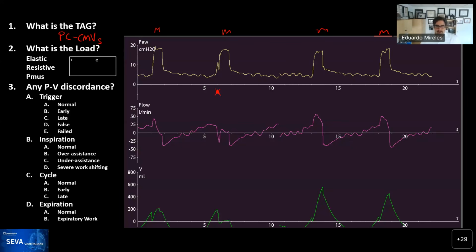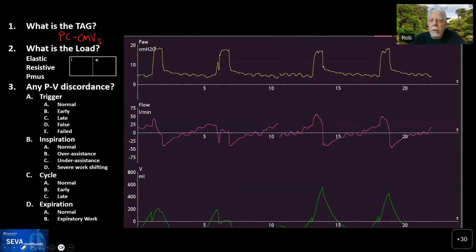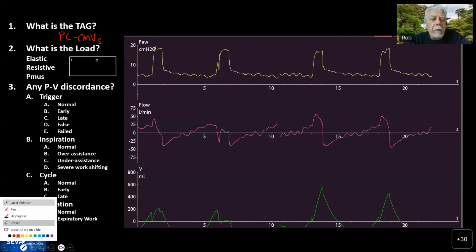Other modes in the same ventilator won't let you do that. Earlier versions of the ventilator wouldn't let you do that. Other ventilators won't let you do that in pressure control. Why? I don't know. But the proof is the second breath. You can see flow goes through 0 in the expiratory direction during the inspiratory time. Excellent. Thank you, Rob.